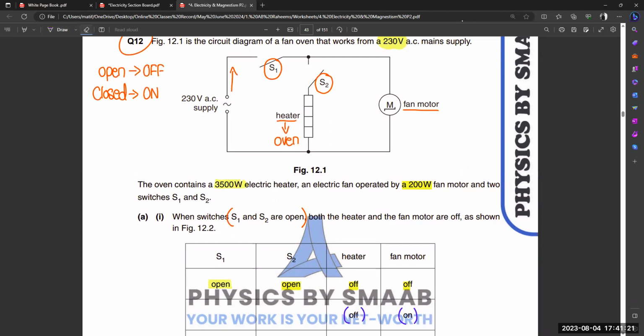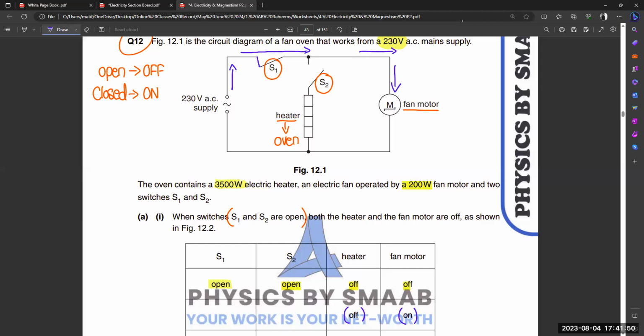Let's suppose if the first one is open, then the fan will be off. We know that if we turn on switch one, then current will start moving in the circuit. Otherwise, no current will flow through any device, right? Because S1 is the main switch. So we just need to close S1. Then current will easily pass in this direction through the fan motor.